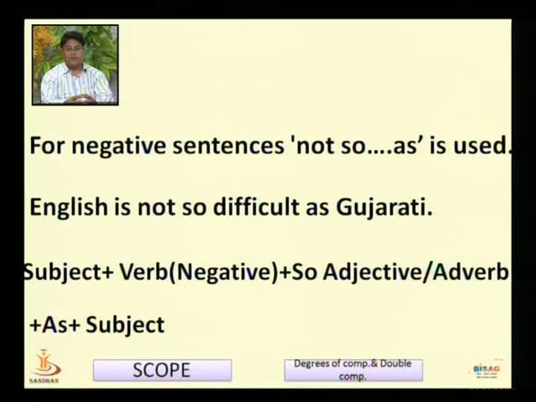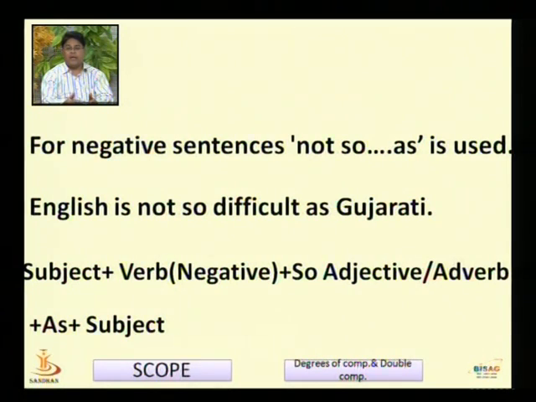So the difference is, in positive degree we use as and in negative we use so as. For example, English is not so difficult as Gujarati. So the minor difference between positive affirmative and positive negative is, in negative the verb is in negative and so as is used.